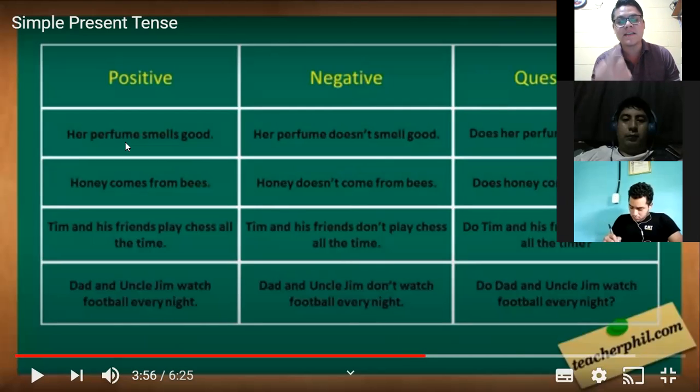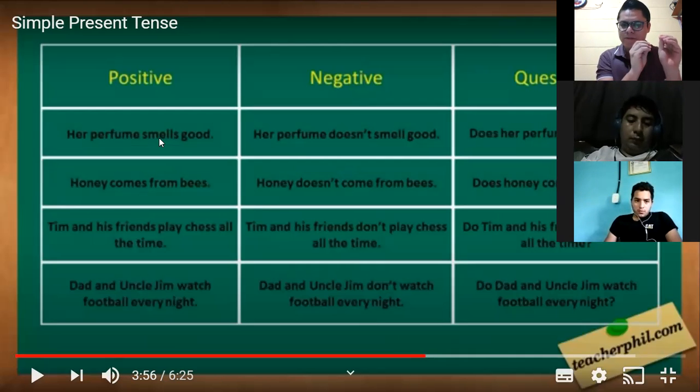When you have a positive sentence and you have he, she, or it, you add the letter S to the verb, for most of the cases, but not all. We have specific rules for particular spellings, but we're going to talk about that later. I want you to understand the structure now.